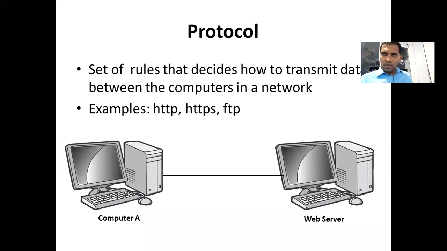Those rules are called protocols. One of the protocols is HTTP, Hypertext Transfer Protocol. What is HTTP? It is a set of rules about exchanging hypertext documents. What are hypertext documents? Web page contents, text, images, videos, animation, everything is hypertext.